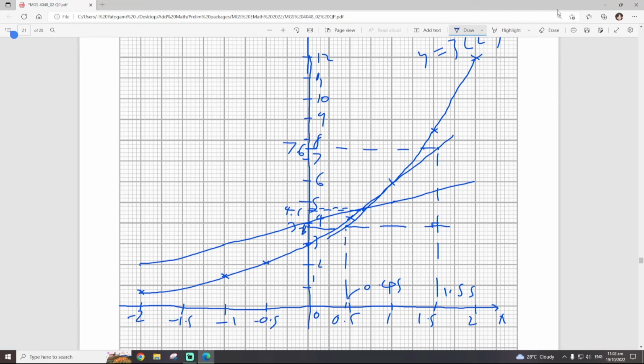Or rather, no, it's the y value. I'm going to say that the x value is here. Okay, so that is 0.65.